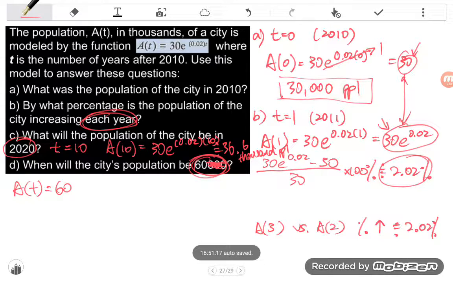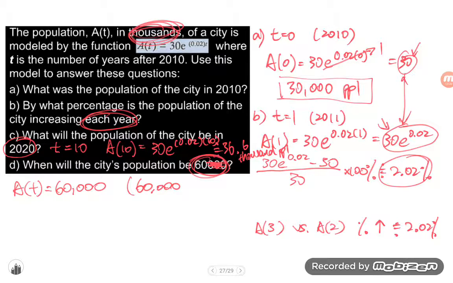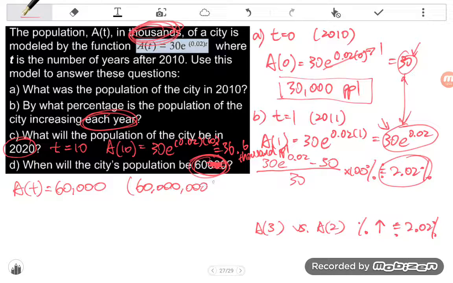Please be careful with the details, because sometimes it's the details that get you. If you put 60,000 here, that actually means 60,000 thousand, which is obviously not true. So A of t is equal to 60, and they want us to find the time, so we can just substitute the equation back in there and find the time.